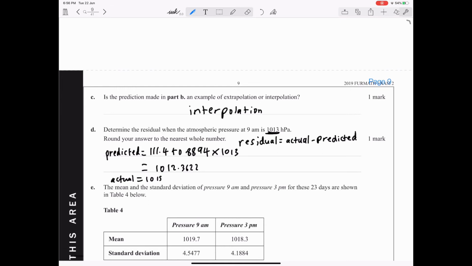Now all you have to do is sub these values into the residual formula. The actual is 1015 minus the predicted, which is 1012.3622. If you do that, you'll get 2.64, and the question says round to the nearest whole number, so therefore 3 hectopascals.